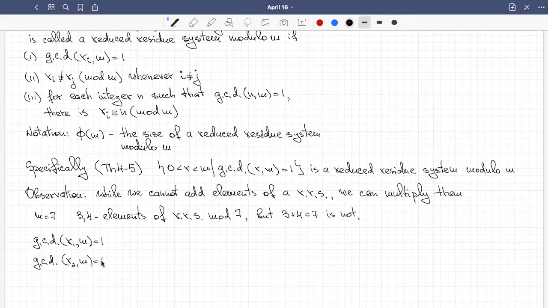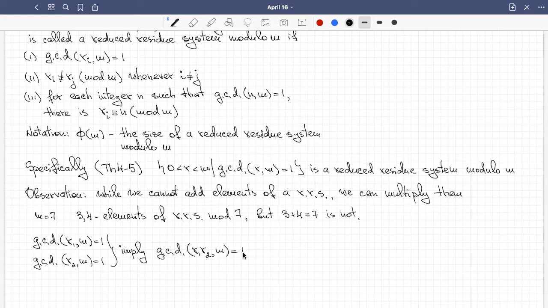These two imply that the greatest common divisor of R1 times R2 and m is 1.